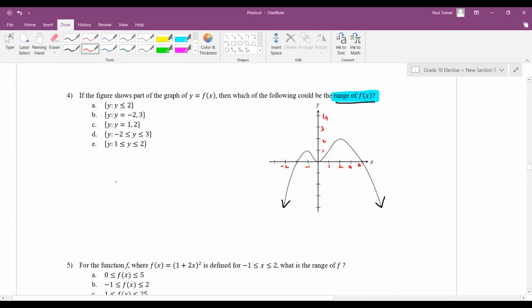So which one is your range? Anyone? A, B, C, D. Sunita, do you know? Which could be the range? Remember, range refers to y values. So where do you see your graph in the y-axis? It's down here, isn't it?